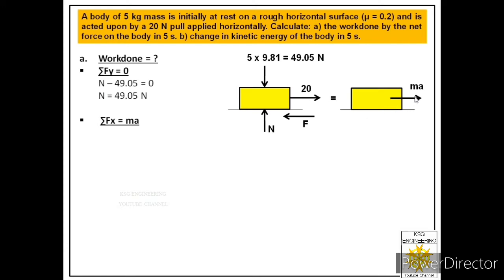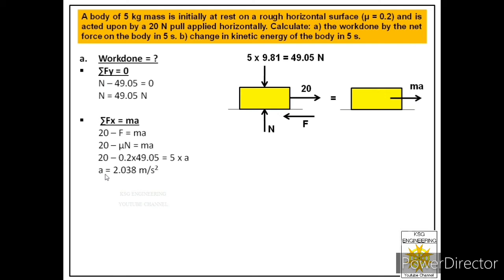Friction force is acting against the motion, so we consider it negative. The equation will be 20 minus F is equal to ma, which reduces to 20 minus mu N equal to ma, where mu is the coefficient of kinetic friction. Mu is 0.2, N is 49.05, and mass is 5 kilograms. So 20 minus 0.2 into 49.05 is equal to 5a. From here we get the acceleration of the block as 2.038 meter per second square.